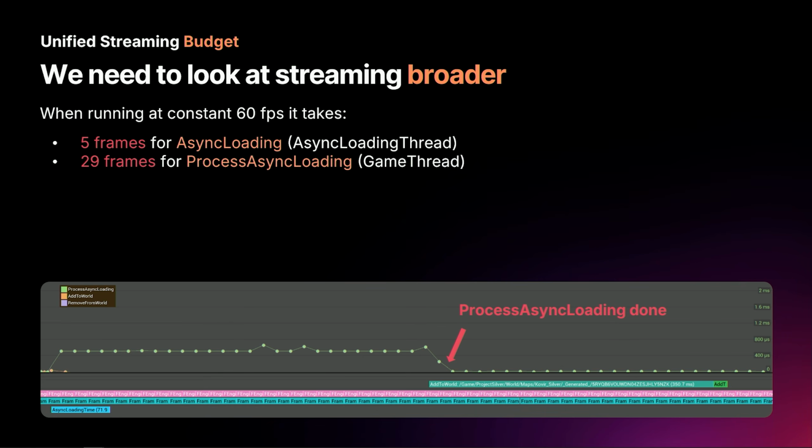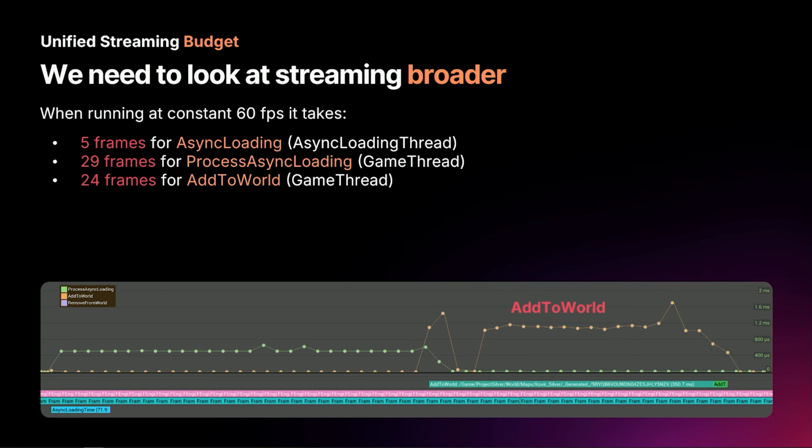Since we run with a very tight budget of just 0.5 milliseconds, it takes 29 frames, or around 500 milliseconds, to process all that data. And after we finish processing, we start adding loaded actors and components to the world. And once again, with quite a tight budget, 1 millisecond, it takes 24 frames, 400 milliseconds, to add those elements to the scene.